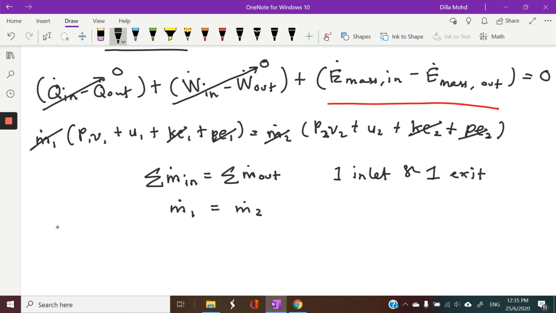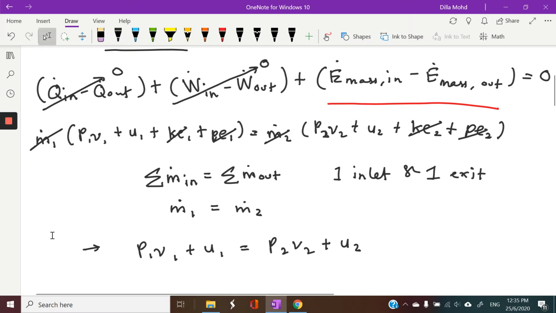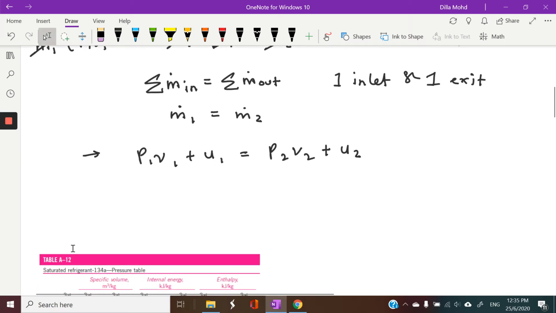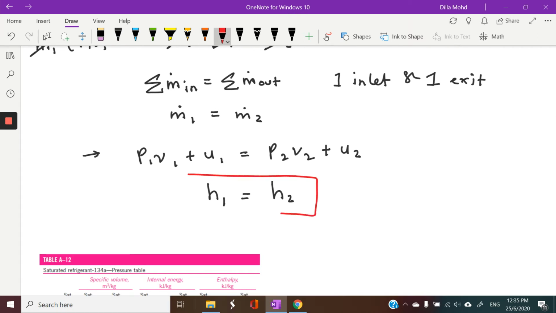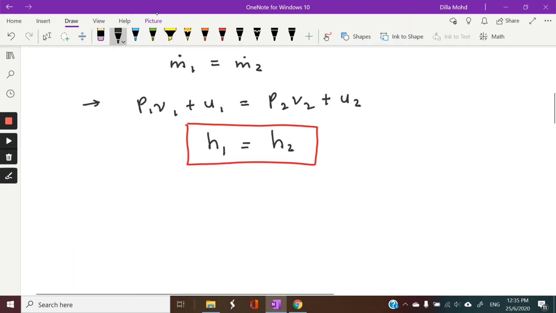What's left in your equation is only the flow energy and the internal energy. So the summation of flow energy and internal energy at the inlet is equal to the summation of flow energy and internal energy at the exit. You can simplify this further because you notice that this is actually your enthalpy. So this is the energy balance equation for your throttling valve: h1 equals h2.